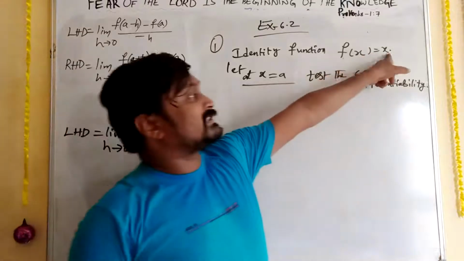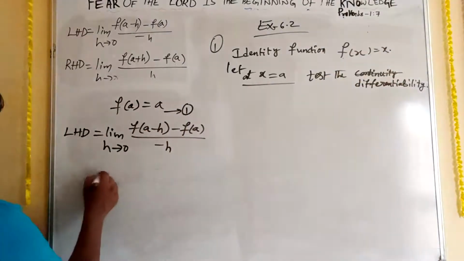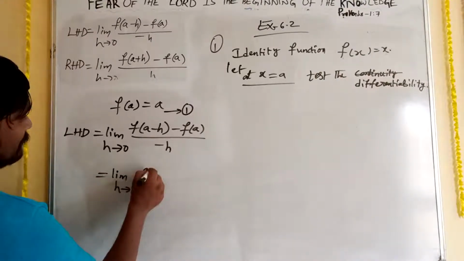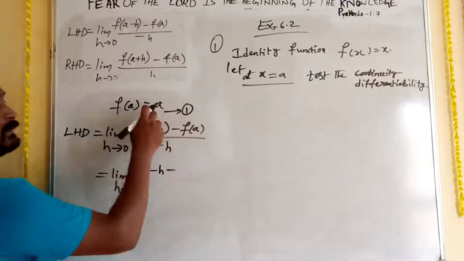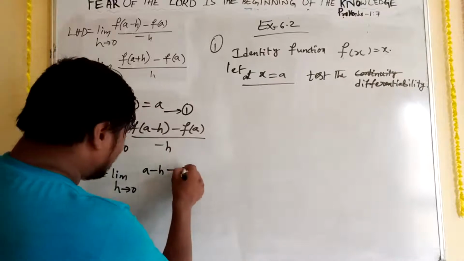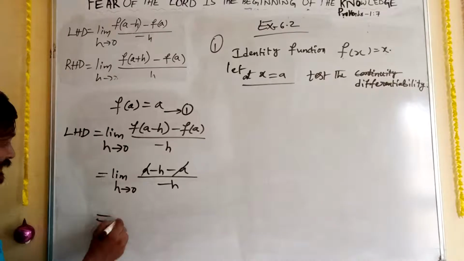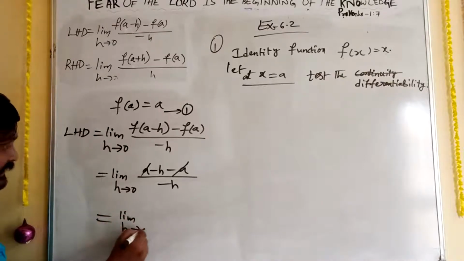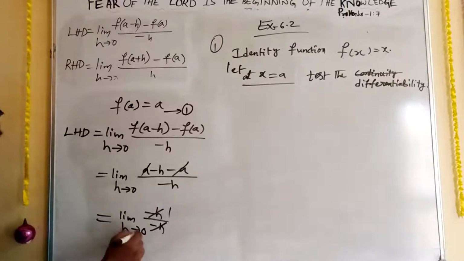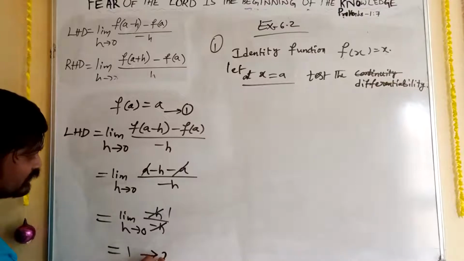So limit h tends to 0, a minus h minus f of a, which is a, upon minus h. Plus a minus a get cancelled. Then limit h tends to 0, minus h upon minus h both get cancelled, you get 1. Limit h tends to 0 of 1 means you get 1. That is equation number 2.